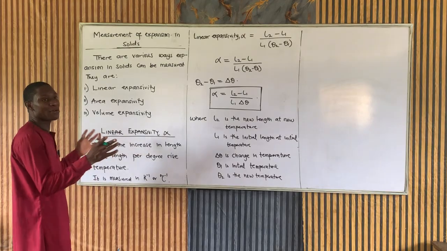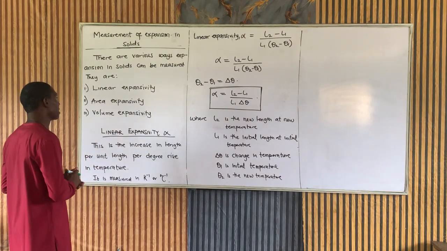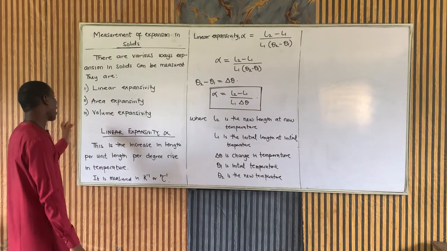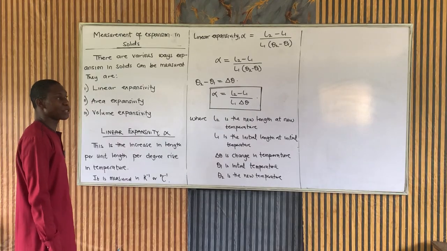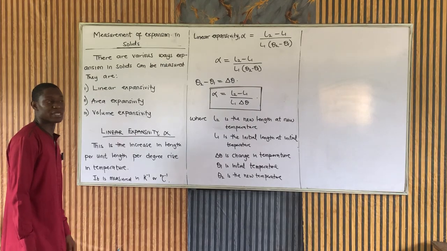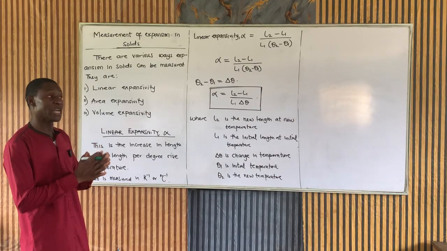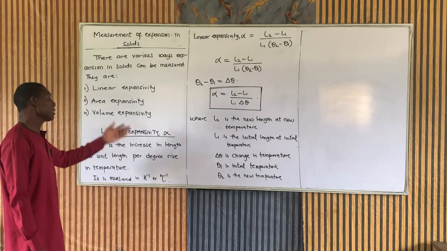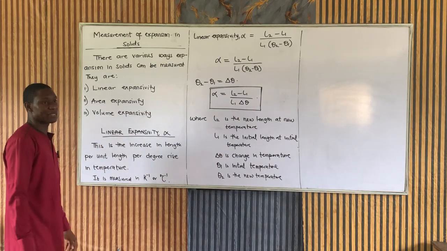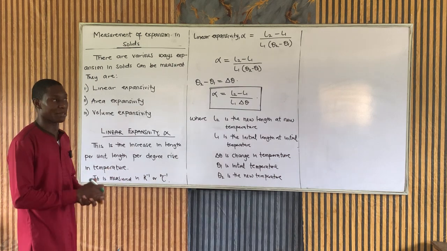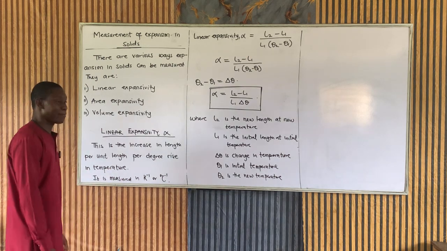This measures how the length of a solid expands. And we have area expansivity, which is also known as superficial expansivity. This talks about how the area of a solid expands. And then we have the volume expansivity, and this measures how the volume of a solid equally expands.